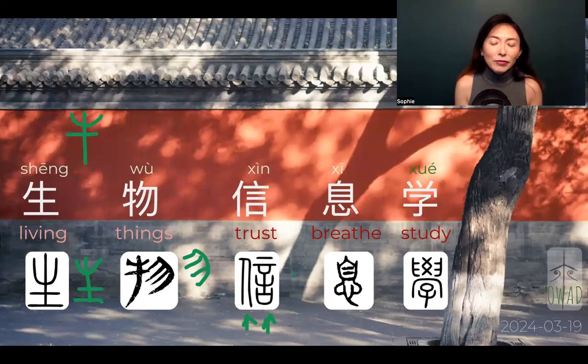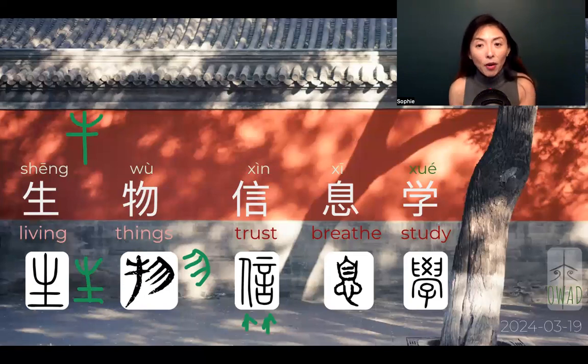I guess the foundation of how you can earn trust is interpersonal human language, verbal communication. That's one interpretation.